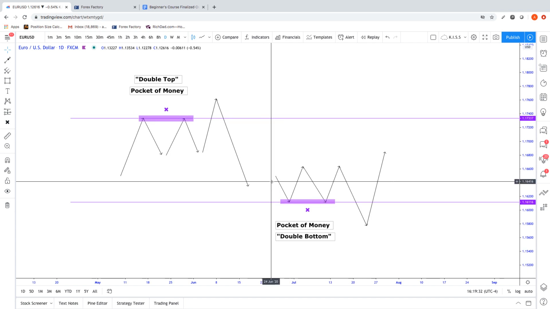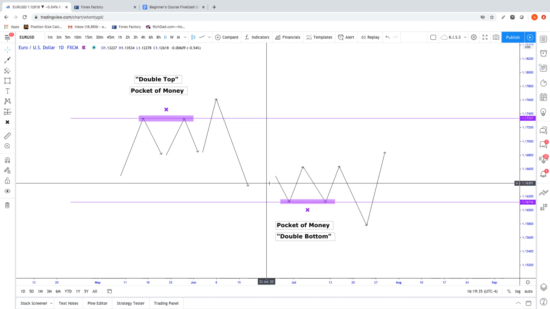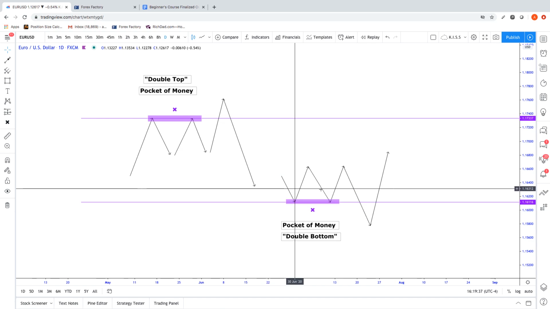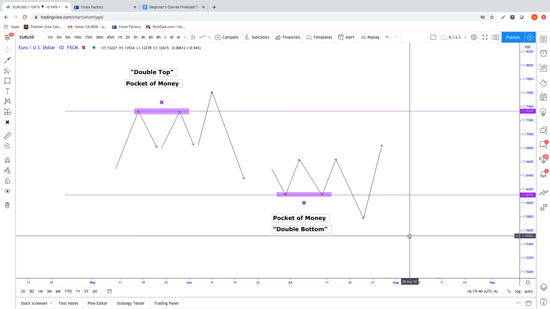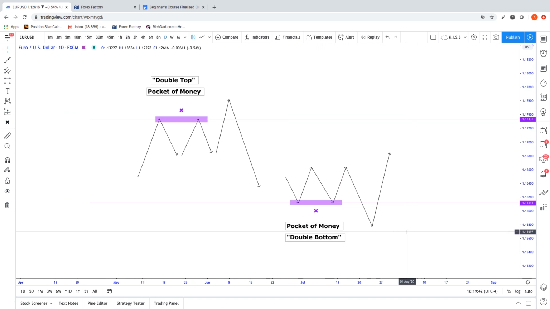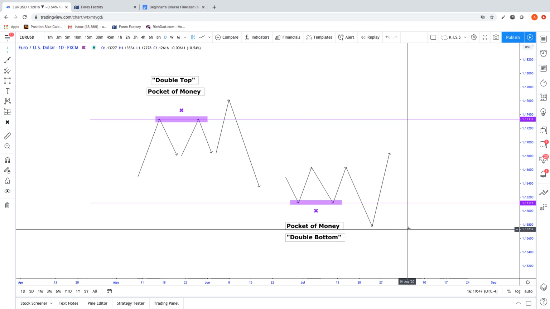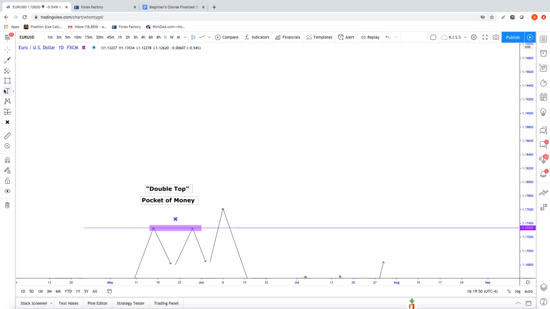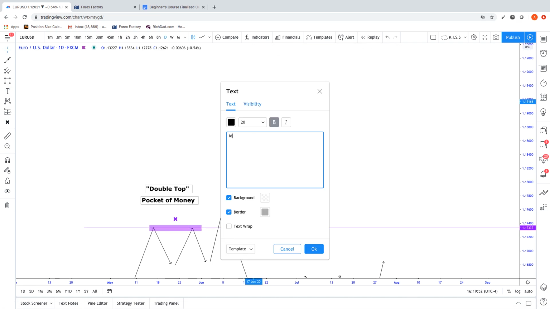Okay, so there's really, as a beginner, two concepts that I really want you to apply as your foundation for your analysis. And that is number one, identify market structure. Are we creating higher highs and higher lows?